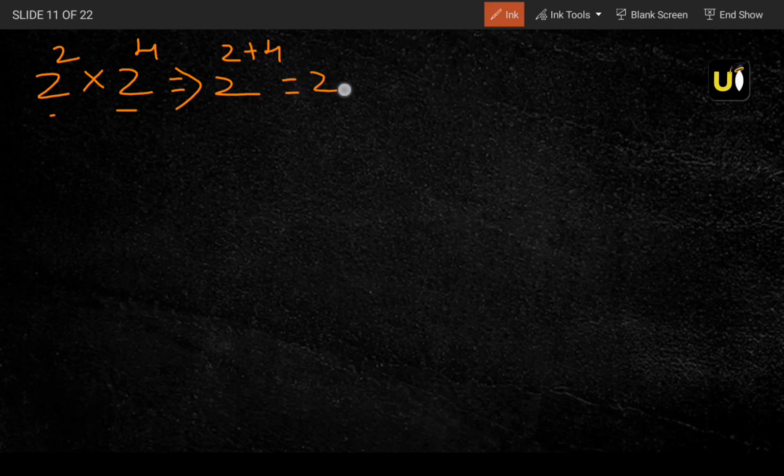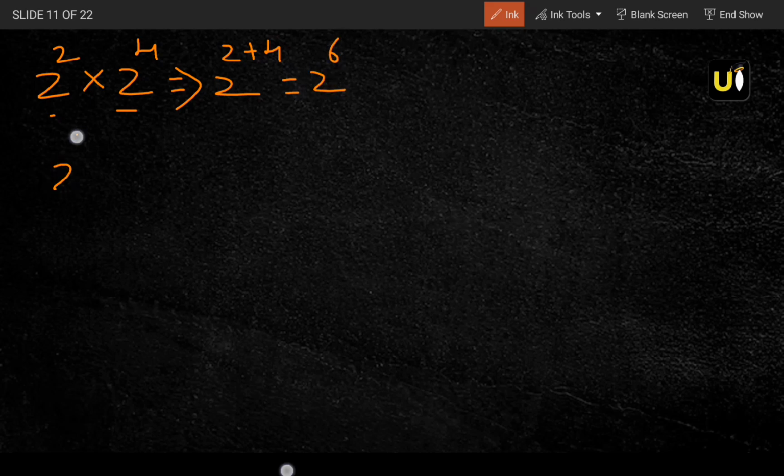So now let us see some examples so that you can understand them more clearly and in a better way. For example, we are given 2 power m into, let me take this also as a number, something like 2 power 2 into 2 power 4. As we have discussed before, the bases are the same. That means this can be written as 2 power 2 plus 4, that is 2 power 6.